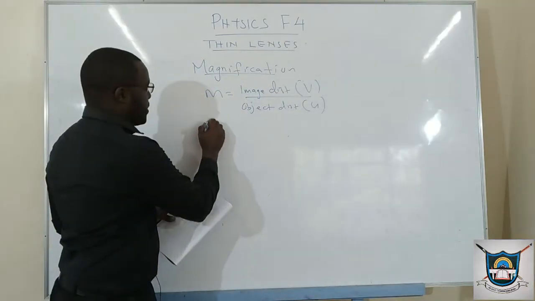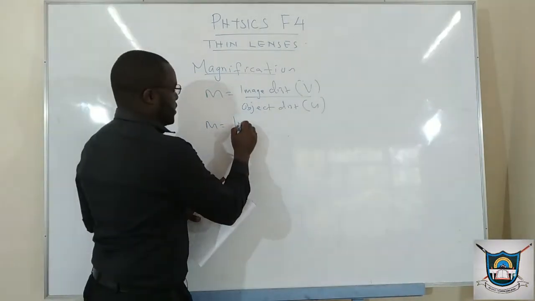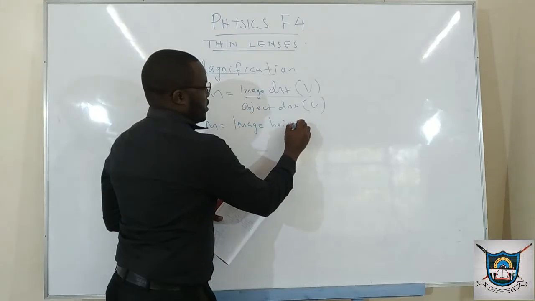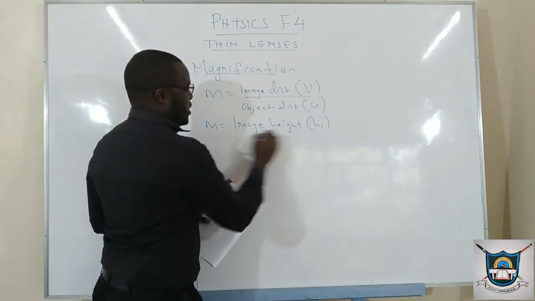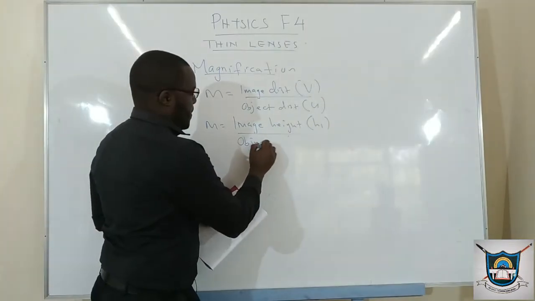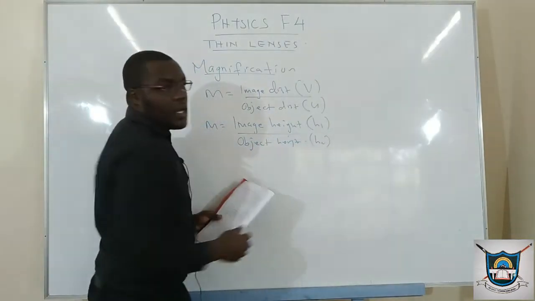Another way of defining magnification is by using the height: image height, that is HI, divided by object height, that is HO.